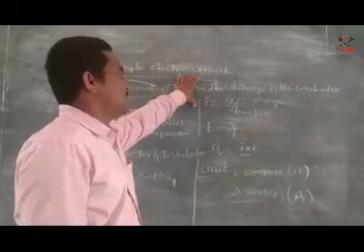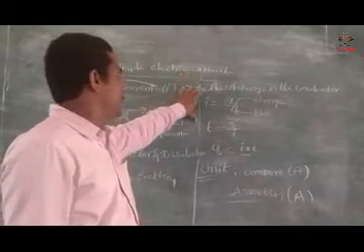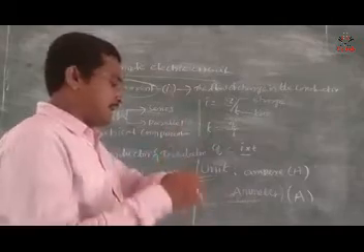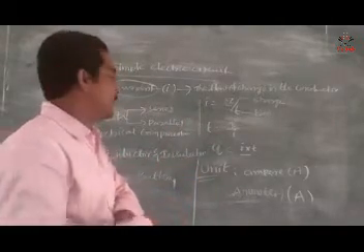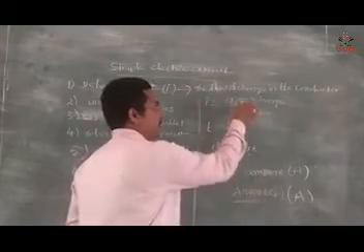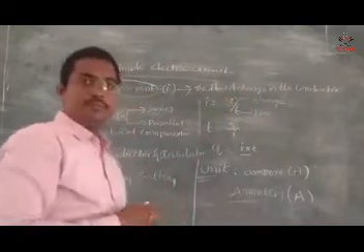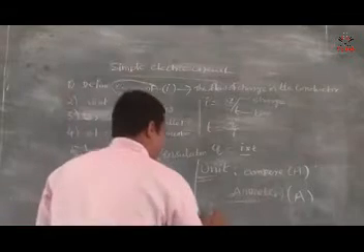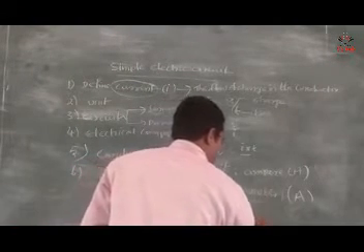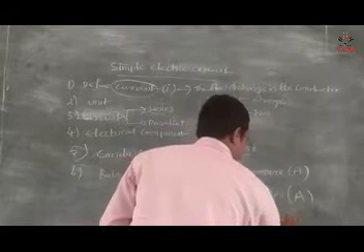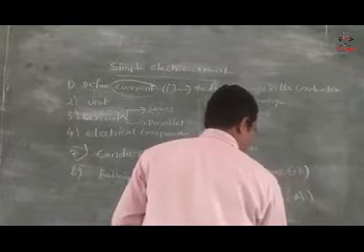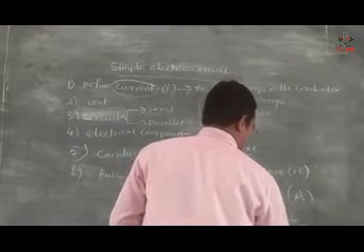So we have the definition of the current, the formula of the current, and the unit of the current. Another unit: the unit of the charge is coulomb. So ampere is equal to coulomb by second.